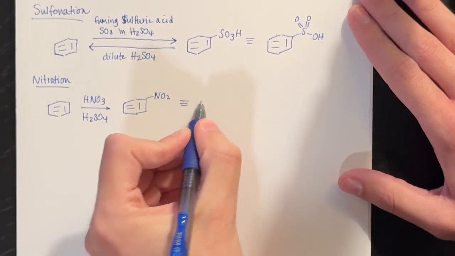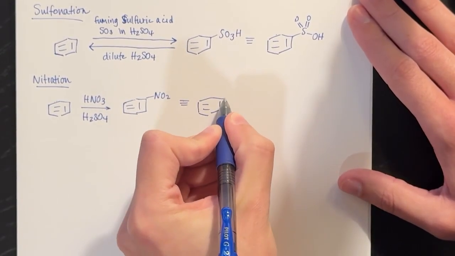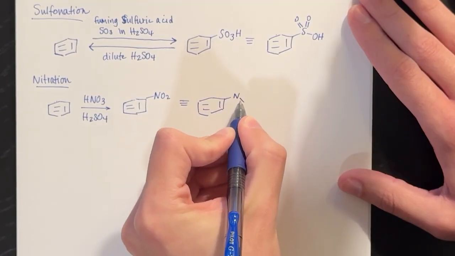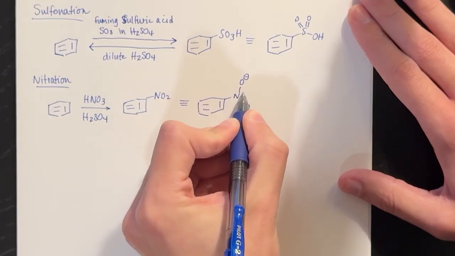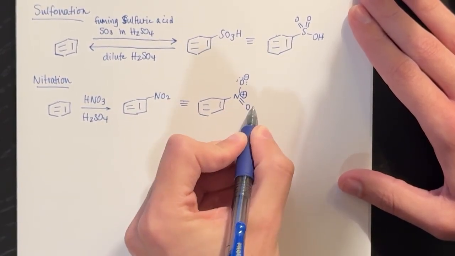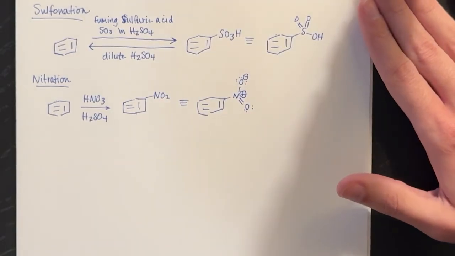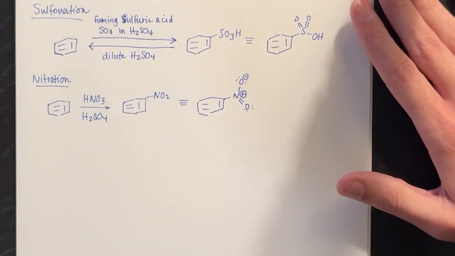So as a reminder, this is what the drawn out structure of the nitro group looks like. It's a bit odd. It's got a positive and a negative charge, but it's overall neutral.